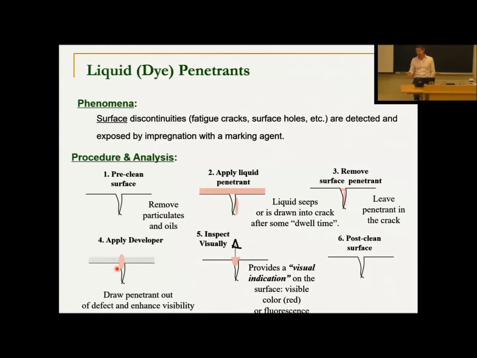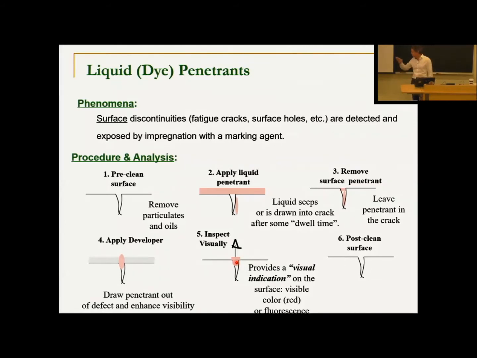We then apply a developer which draws the liquid out, and then the existence of that crack mouth is now visible because of this colored indicator that comes to the surface, and it should be a color that humans can see well by eye. So it provides visual indication of the presence of this surface breaking crack.